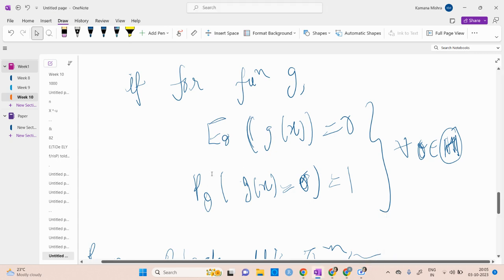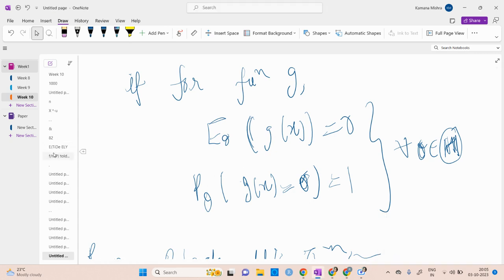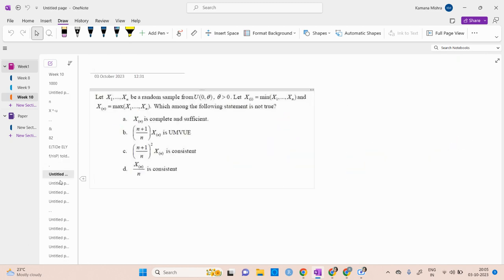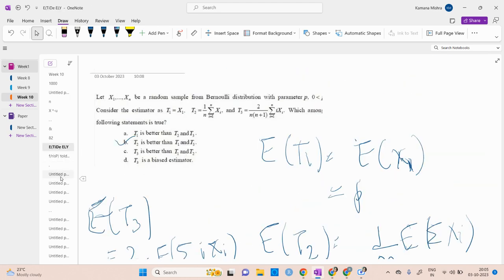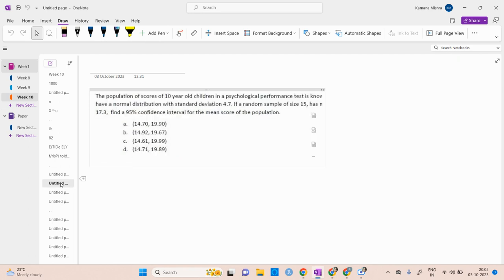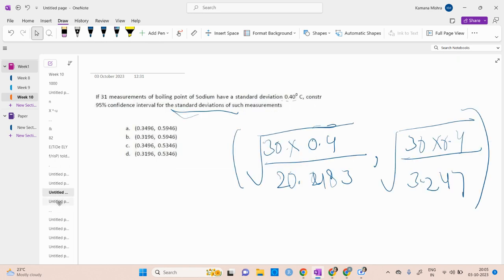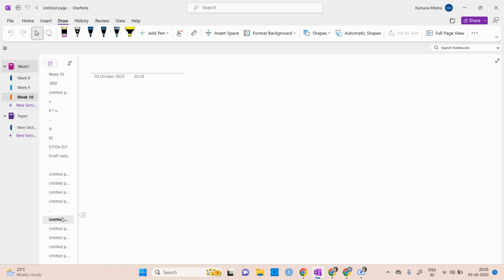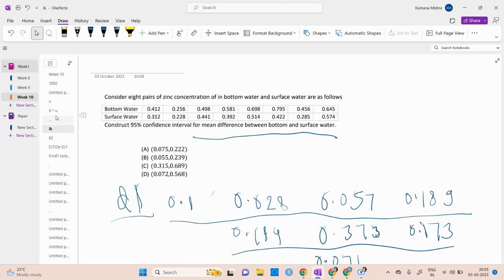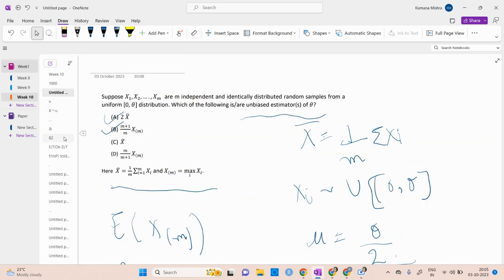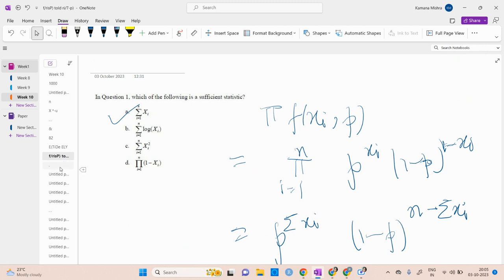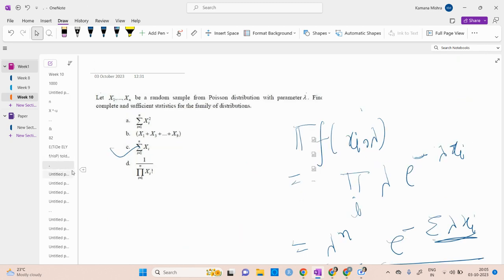Okay, so for completeness, you check basically E theta of g(x), but since you have only one option given here, you can just directly take this. Okay, we have done this one, and this one. So summation xi will be the complete and sufficient.